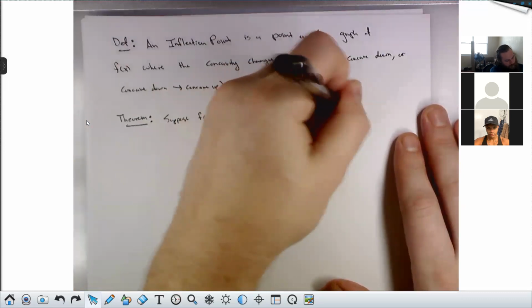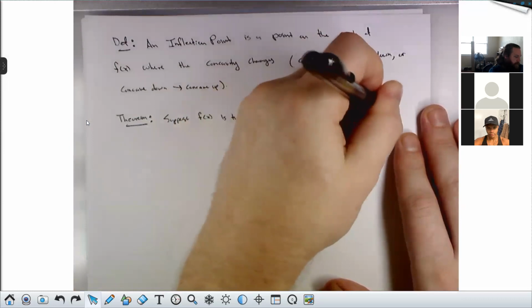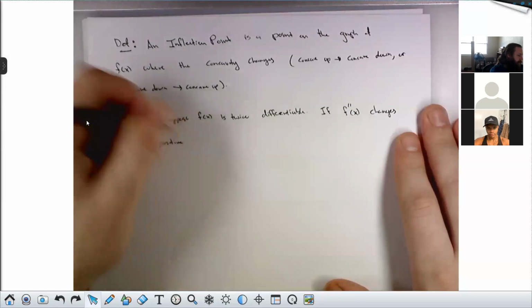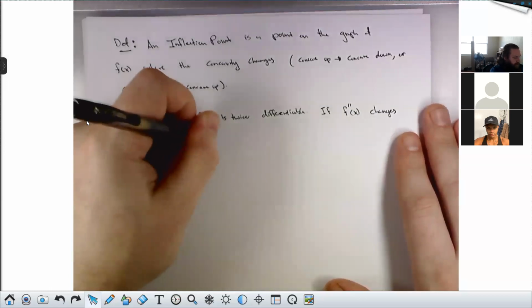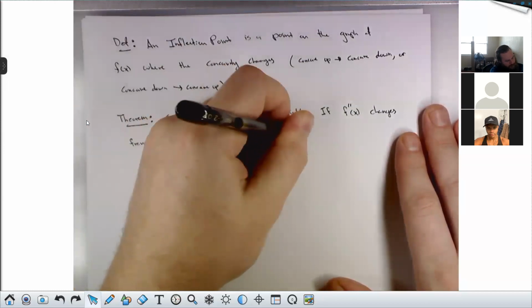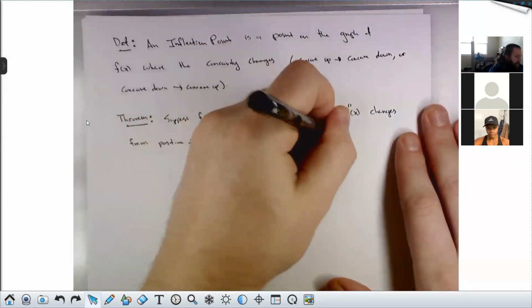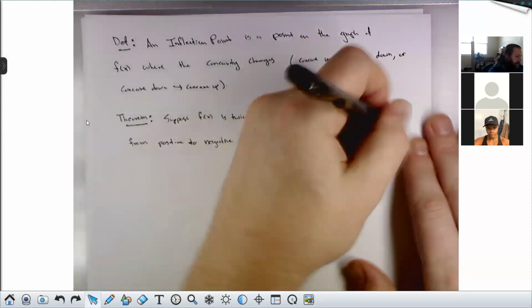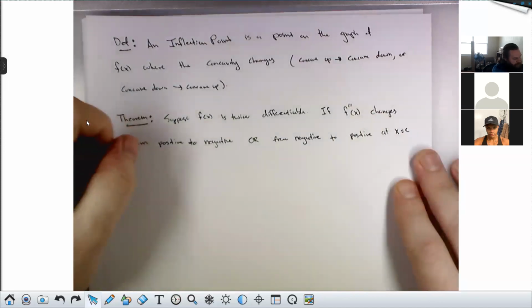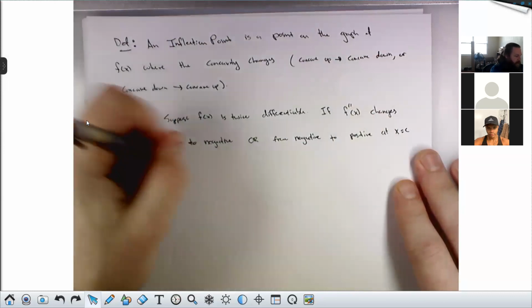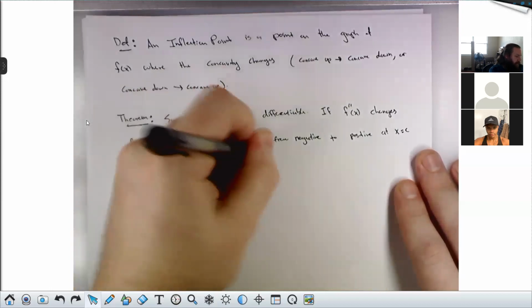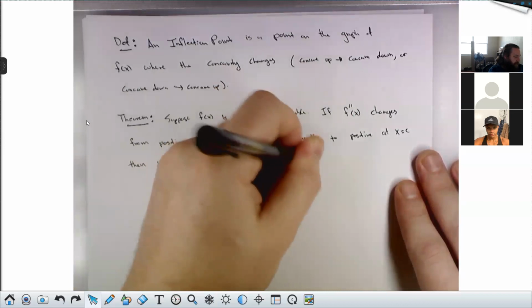If f double prime of x changes from positive to negative, or from negative to positive at x equals c, then the point on the graph of the original function, c comma f of c, is an inflection point.